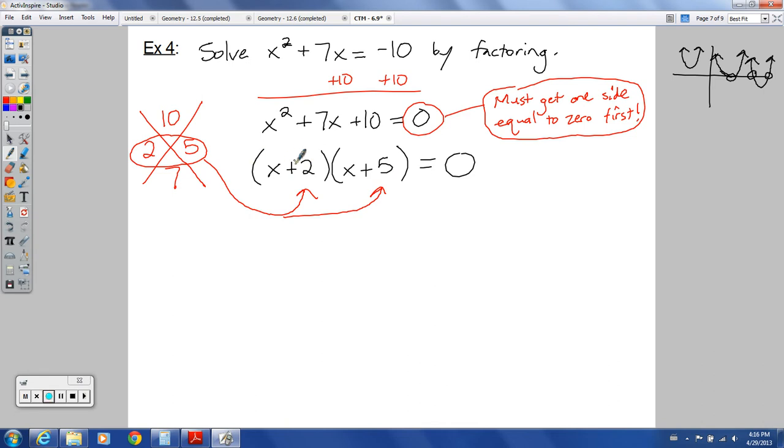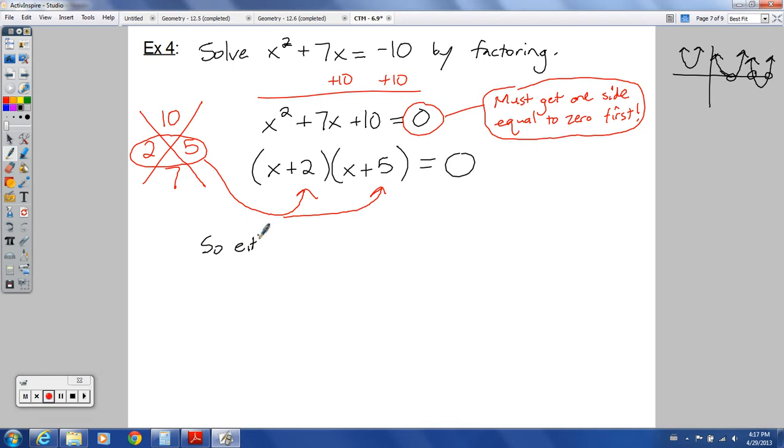And so now it's the 0 factor property, where if this part right here, x plus 2, if that whole thing was equal to 0, this set of parentheses would be 0 times, who cares what that is, 0 times anything is still going to be 0. So that would make that true if x plus 2 was equal to 0. Likewise, if x plus 5 was equal to 0, that would make this whole set of parentheses equal to 0, and 0 times, who cares what this would be, 0 times that would still be 0. So this is the 0 factor property.